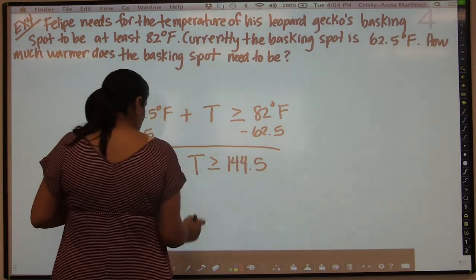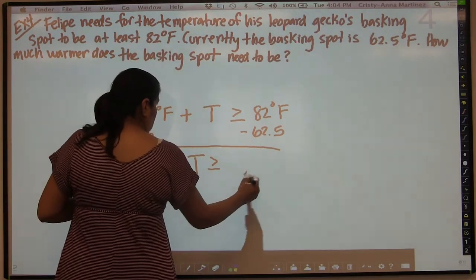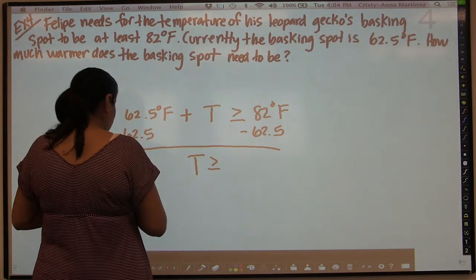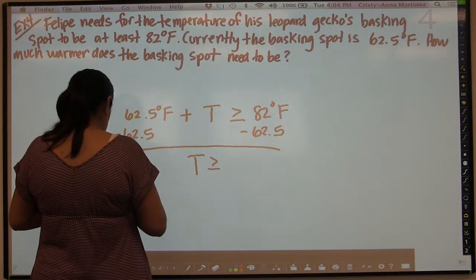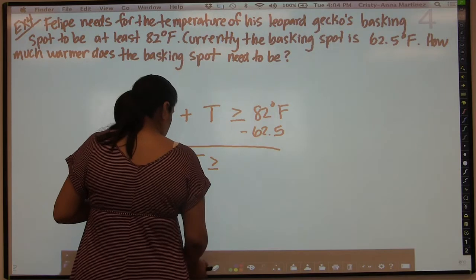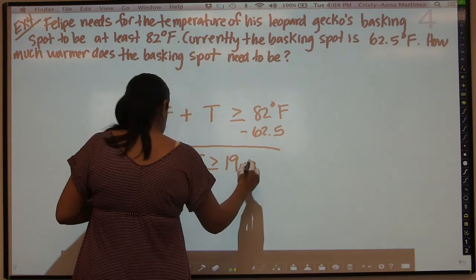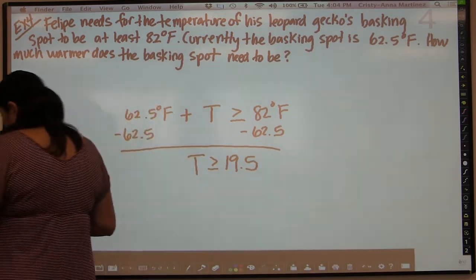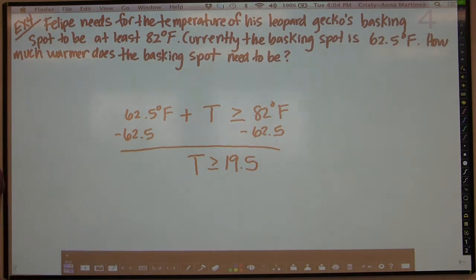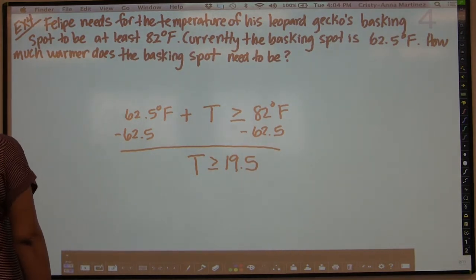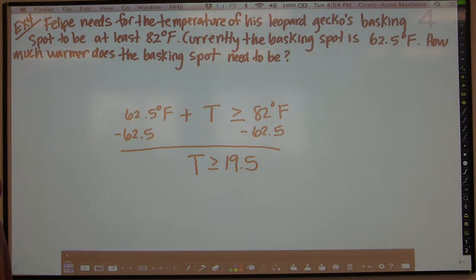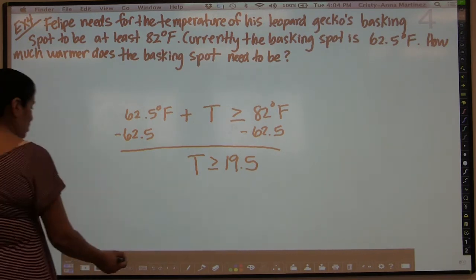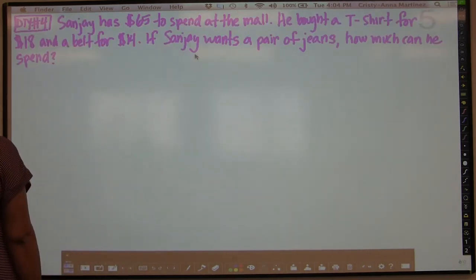I'm sorry, I don't know why I added those. That's wrong. All right. So as long as our temperature increases by 19.5, then we will be warm enough for our gecko. All right, so now you can try this word problem.